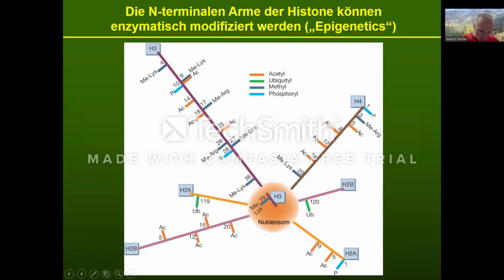So we have 2B, 2A, 3, the 4th. So these are the N-terminal end of histone 2A, N-terminal end of histone 2B, N-terminal end of 4, N-terminal end of 3, N-terminal end of 2A, 2B, and so these are the different N-terminal ends, and you can see this would be position 1, and then position 4 of histone 3 can be methylated.